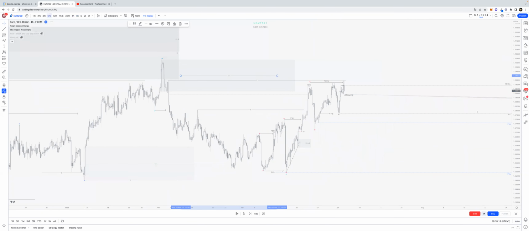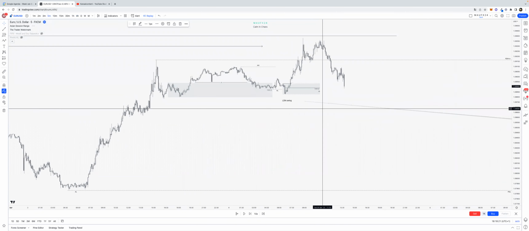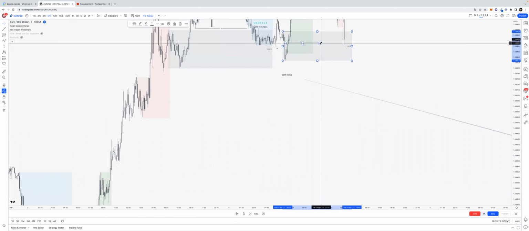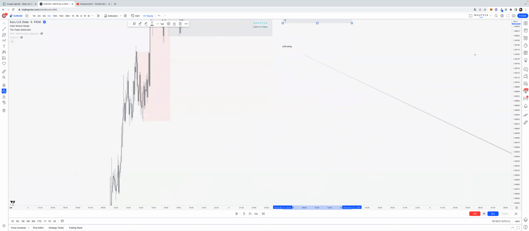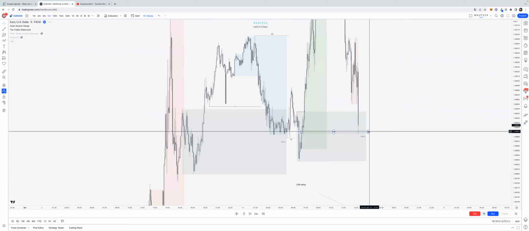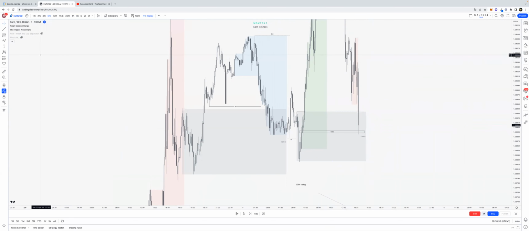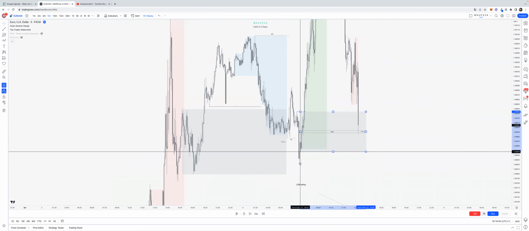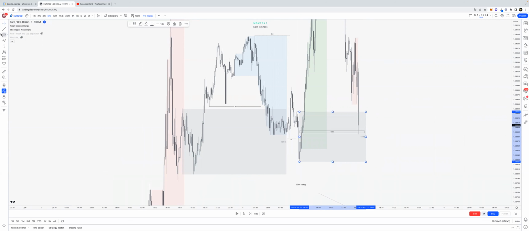So going to lower. Expanding that. I don't think it will let me do that. There you go. And one thing we want to know as well, so let me get that on, is if we tap into the 50%.